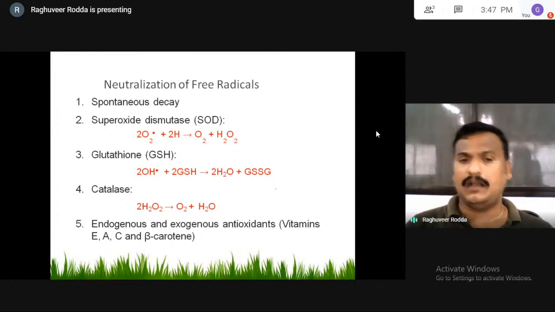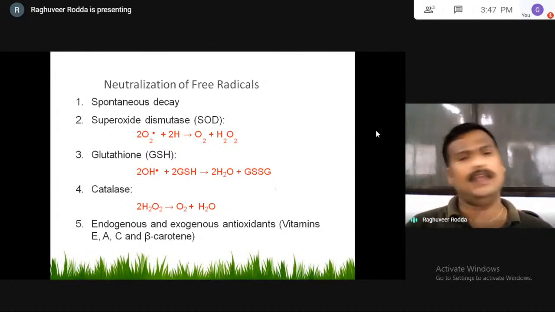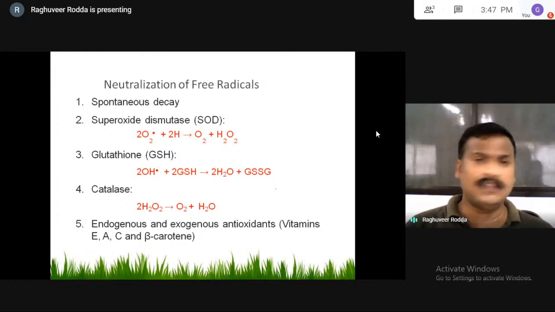To maintain viability and the biological reactions, the body will definitely produce free radicals. So to keep itself in a proper working condition, the cell itself has some neutralization mechanisms. There are 5 neutralization mechanisms we have.